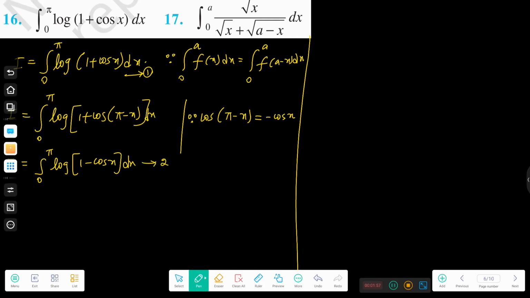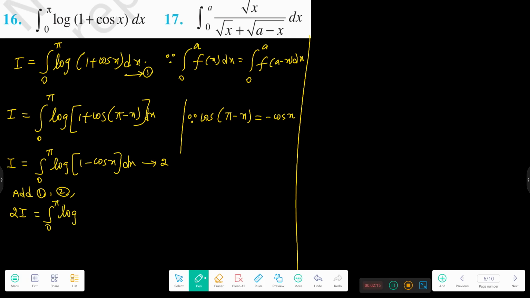So on the left hand side we have I. Now when I add both 1 and 2, what am I getting? I plus I, 2 times I in the left hand side, and integral 0 to pi of log of 1 plus cos x plus log of 1 minus cos x.